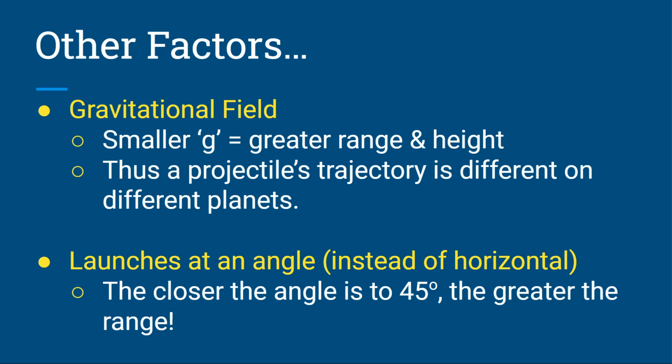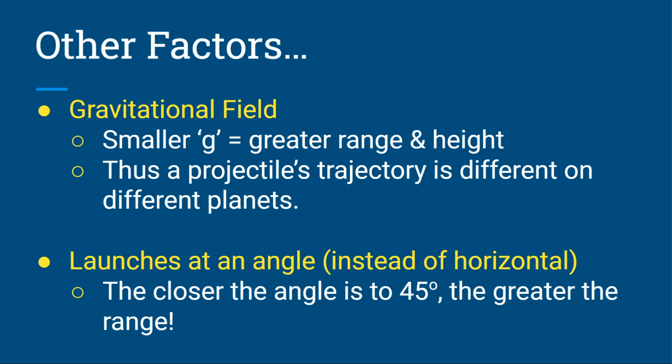Some other factors, we did not test these, but I do want you to write them down. These were not in the PhET yesterday, but I want you to be aware of them. The first one is not something we can test in this room: gravitational field. If you have a smaller gravitational field, you will get greater range and height.